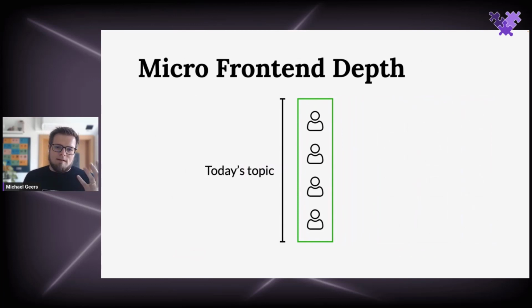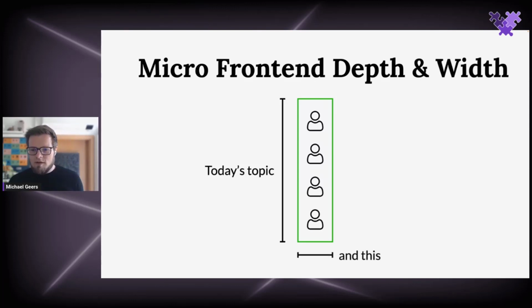So let's talk about one of these stripes you saw. I will talk about what the height of this box means, and how this can vary. We will also talk about the width: how wide should your Micro Frontend be?